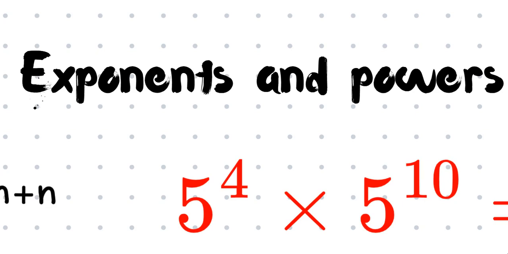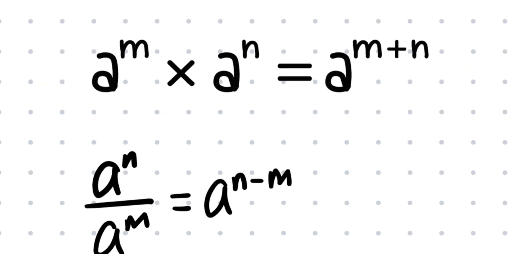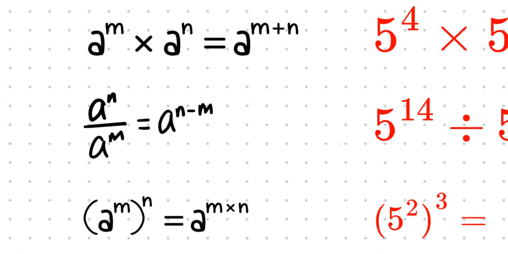In the first video that we recorded with this topic, exponents and powers, we basically started with some very important stuff. We introduced our first rules that we actually apply every time when we deal with exponents and powers.